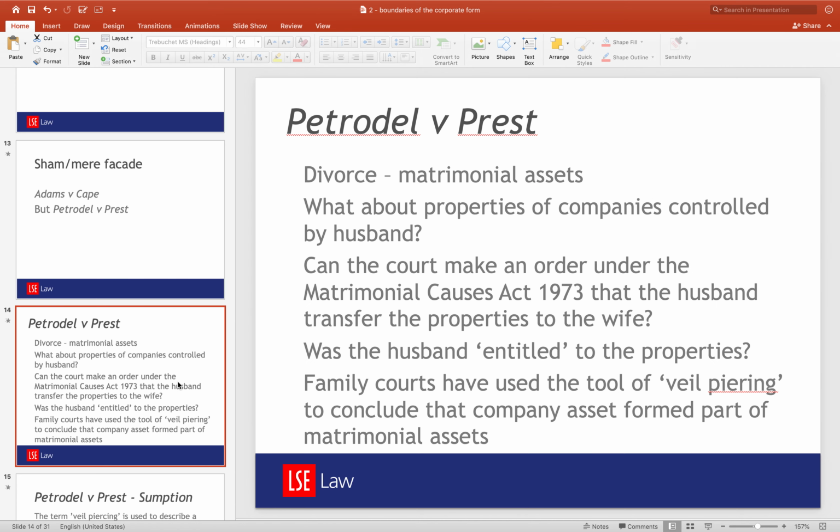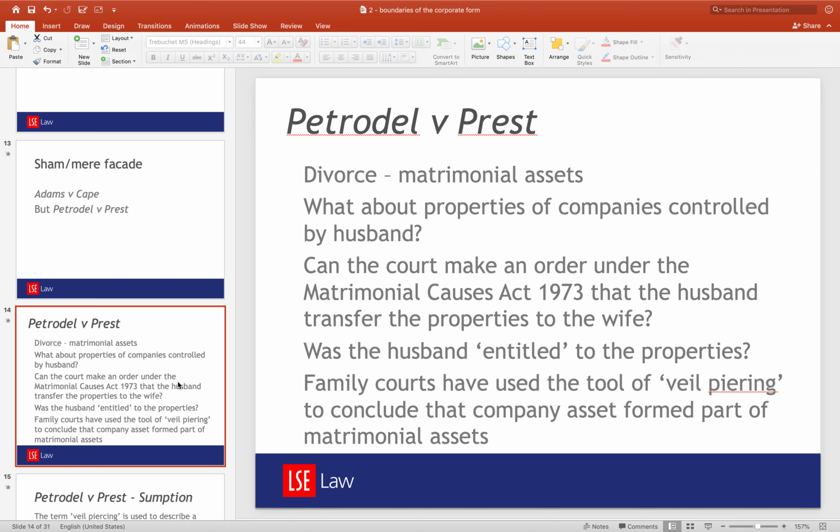Now let's look at Petrodel v Prest. Petrodel v Prest was a case involving a divorce, involving matrimonial property, and the husband controlled some companies, and they owned properties in London. And the question was, are those properties part of the matrimonial estate and subject to being divided up in the divorce proceedings?